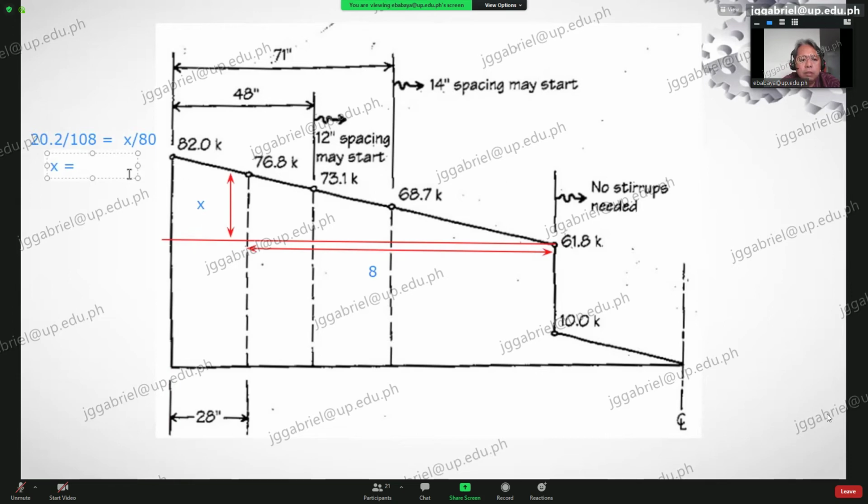You got 15. Okay, so 15, we got 15, he says. 14.96. So you add that to 61.8, right?